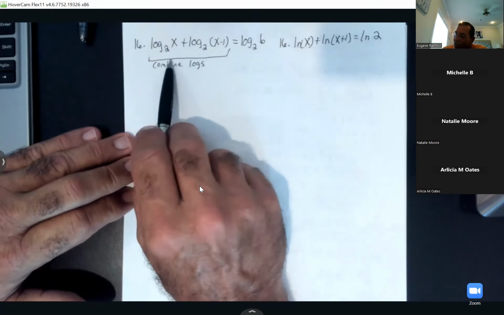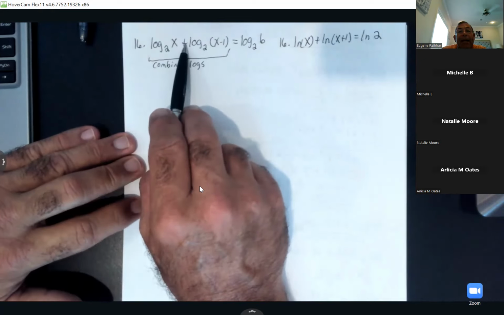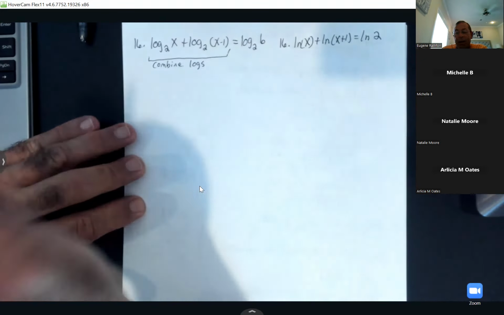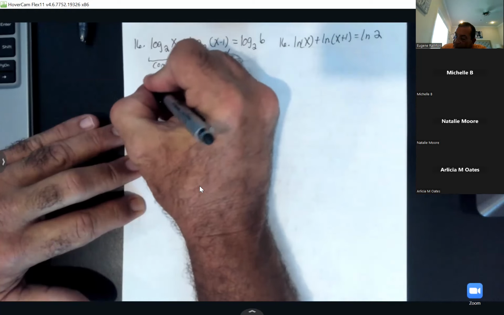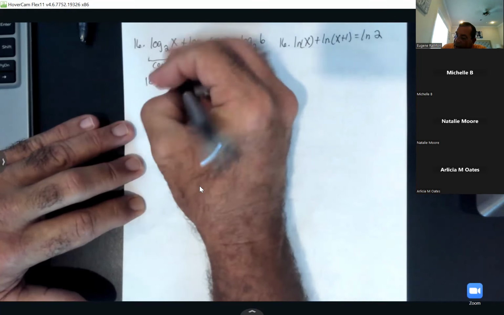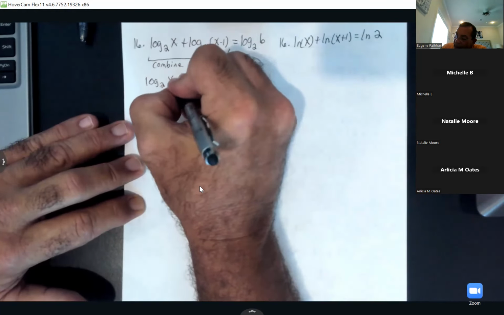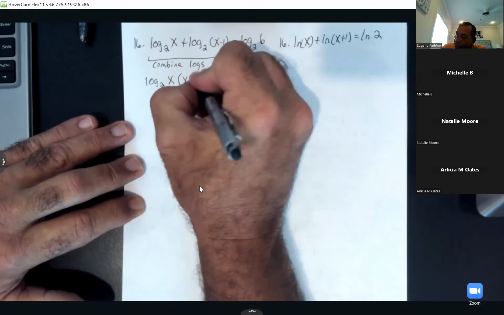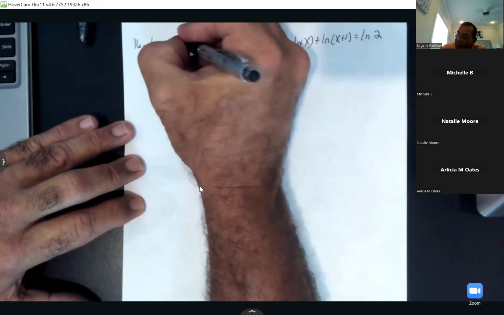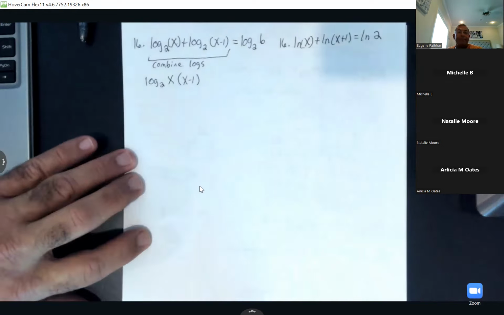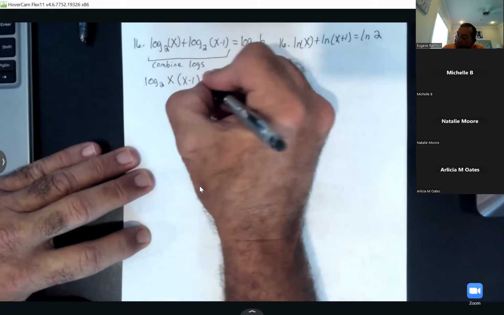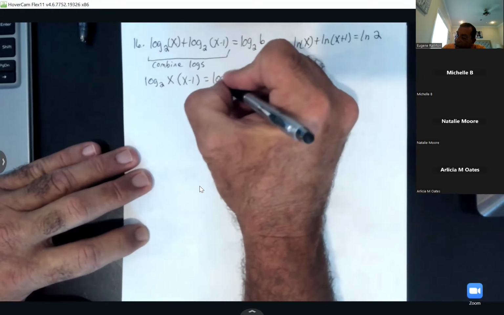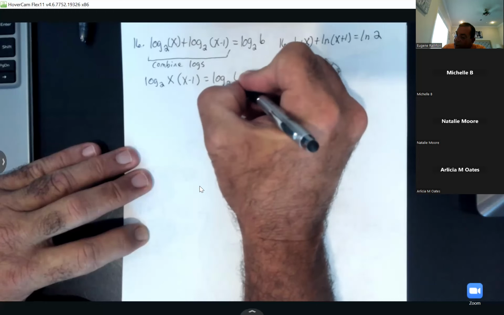So over here, we're going to combine logs. They're being added, so it's going to be a product. So come down with log base 2 of x times x minus 1. And on this one, they probably put that x in parentheses too. Now that's going to equal the right side, which is log base 2 of 6.